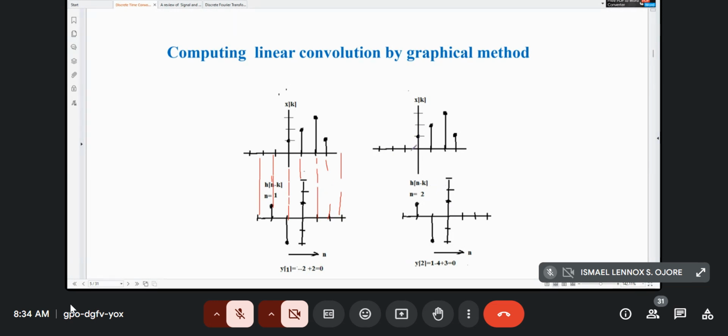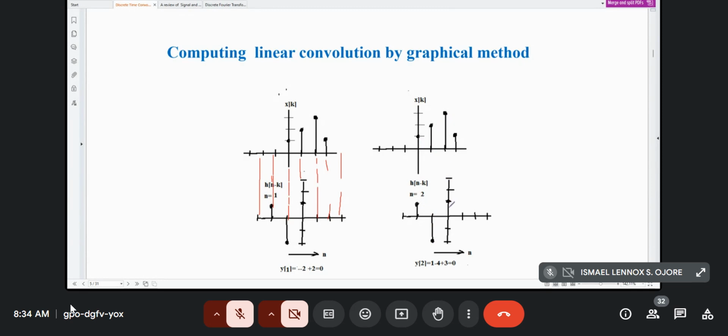Then we move to the right. We move 2 steps. So this is h of 2 minus k. I don't think we even have to continue. I think you get the crux of the matter. So we multiply this. This gives 1 plus minus 4.